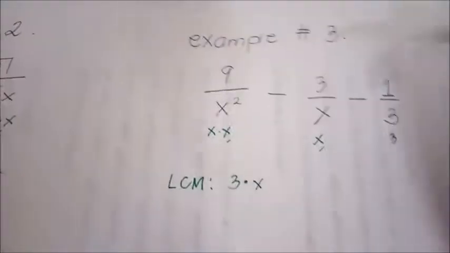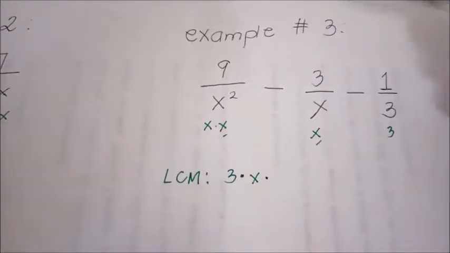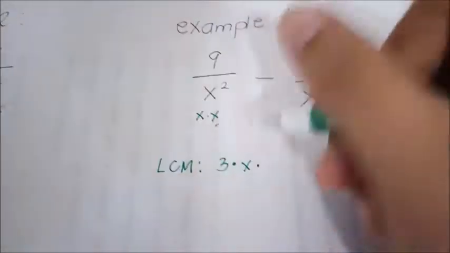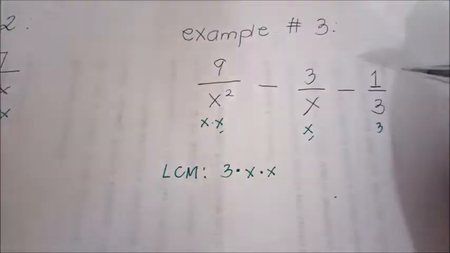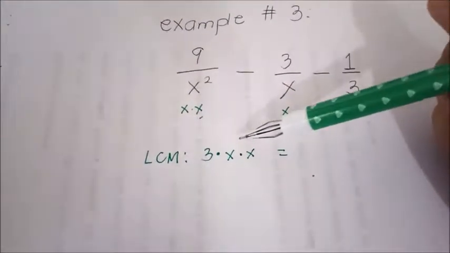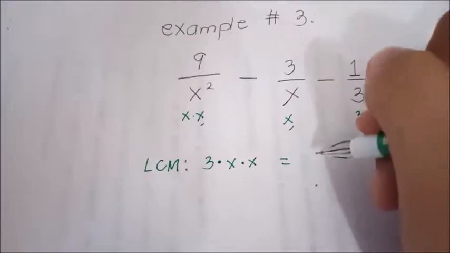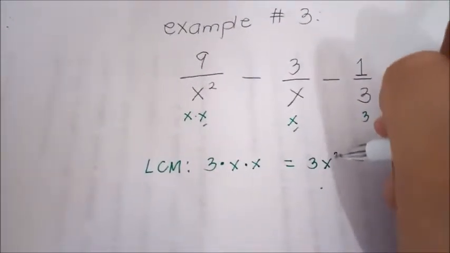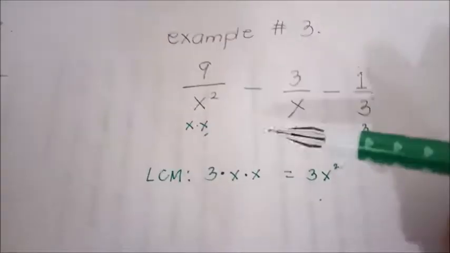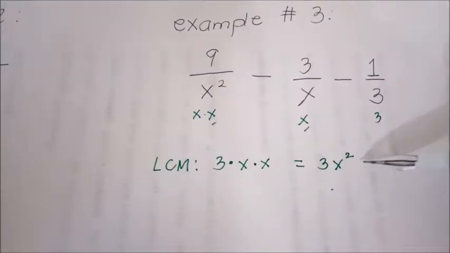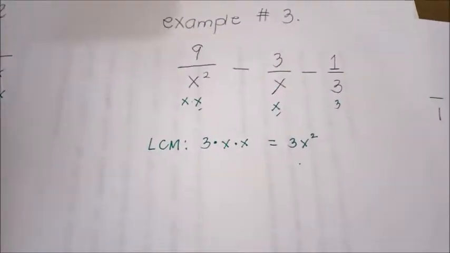Times x. Times, dahil magkaparehas tong 2 to, write it once. So, isulat natin yung isang x na yon. Ibig sabihin, our LCM will be 3 times x times x, or equal to 3x squared. Recap ha, if you multiply, add the exponent, 1 plus 1 is 2. Okay, so that will be our LCM.